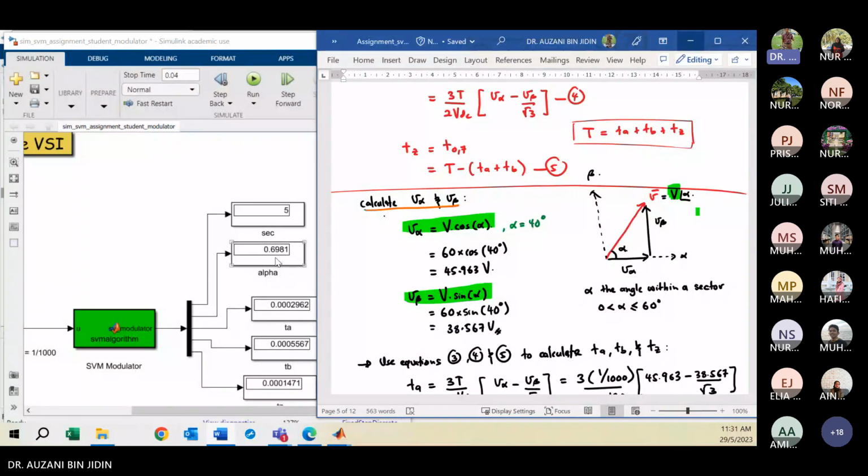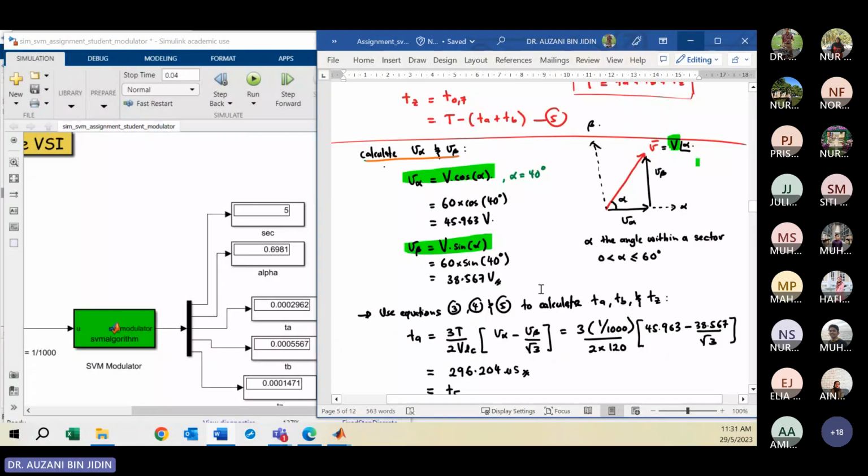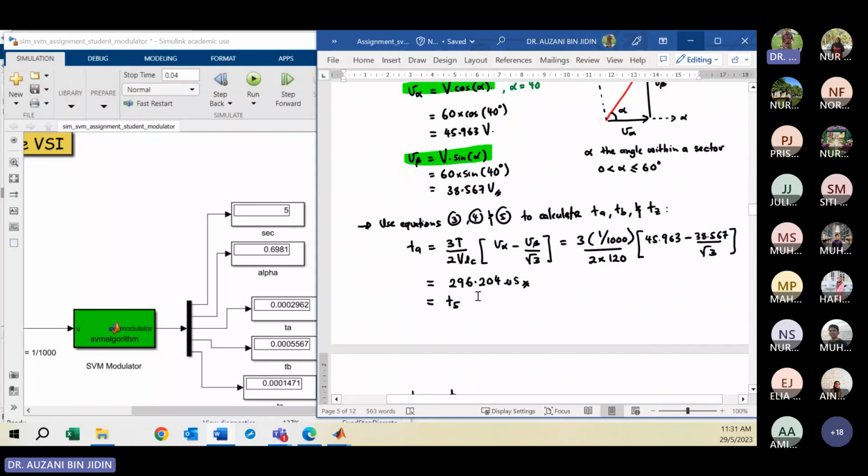Convert this value to degrees. MATLAB provides the answer in radian. So then TA, TA true, right? Same. 296.2 micro. Here, correct.